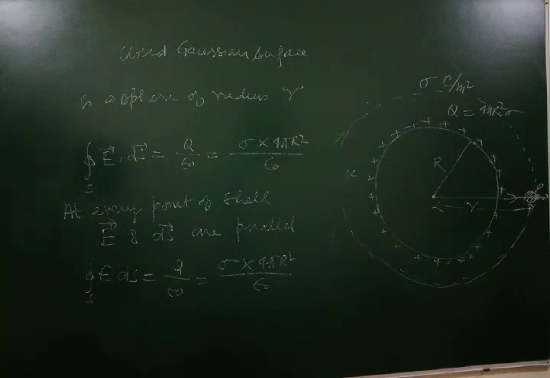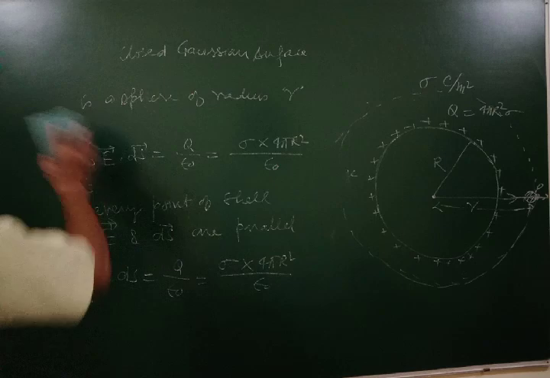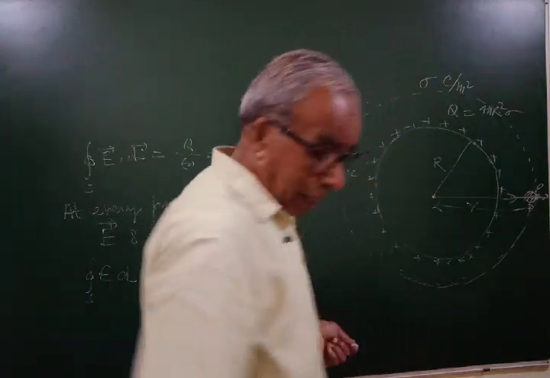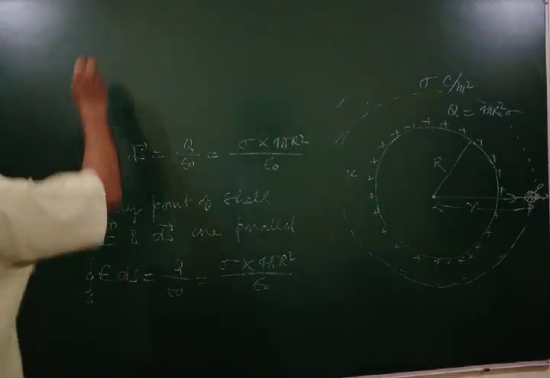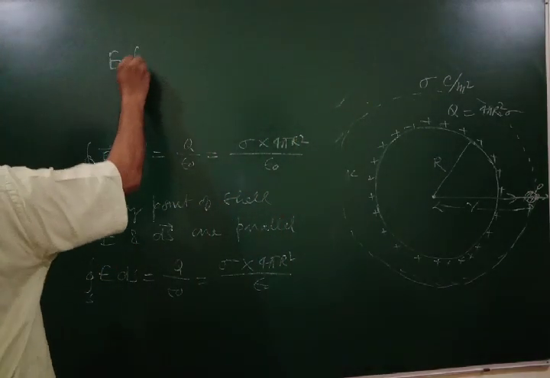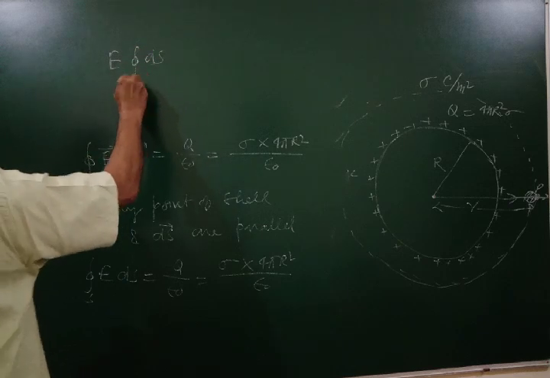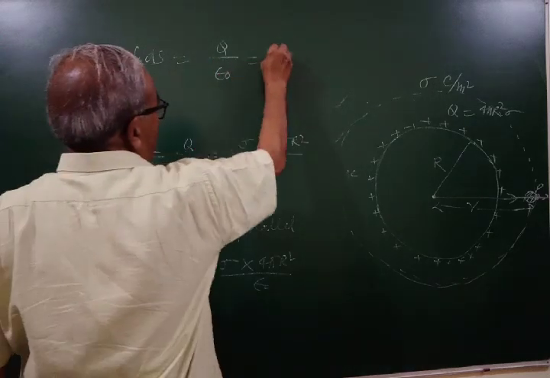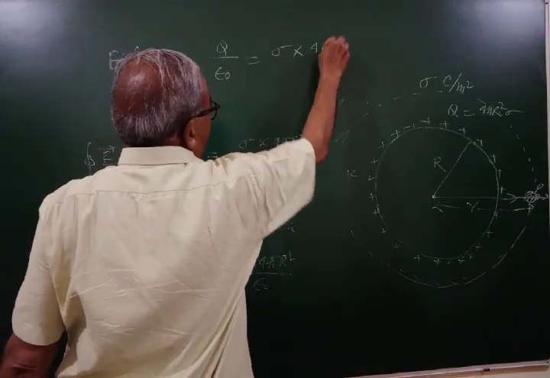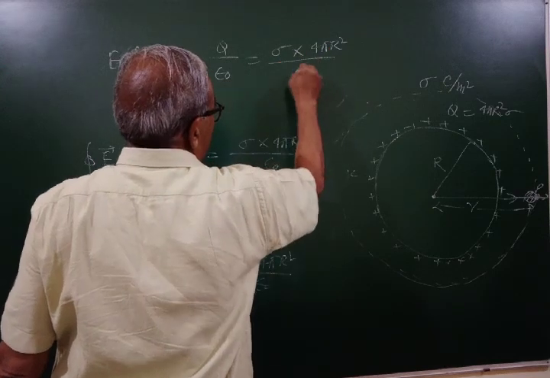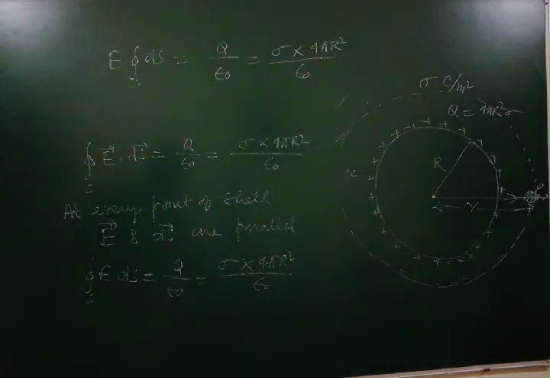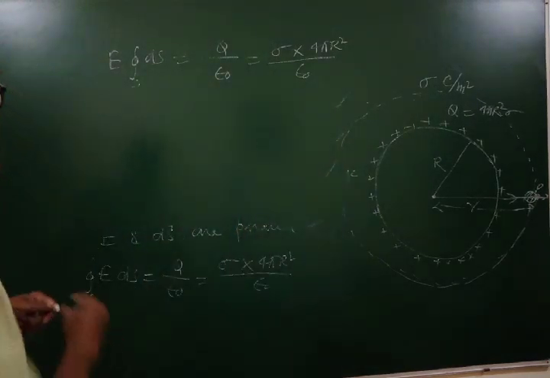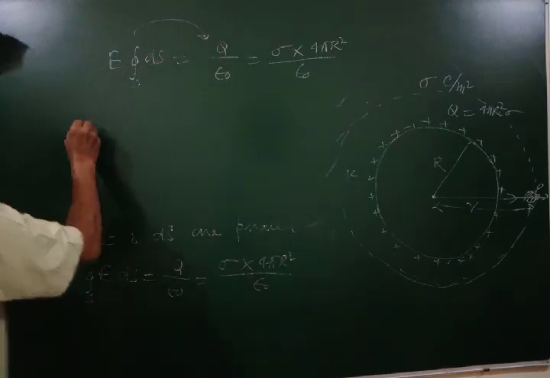Sigma is the surface charge density. Now, at every point of this sphere the magnitude of electric field is the same, so we can write E integration ds for the closed surface equal to Q upon epsilon 0, equal to sigma into 4 pi r square upon epsilon 0.